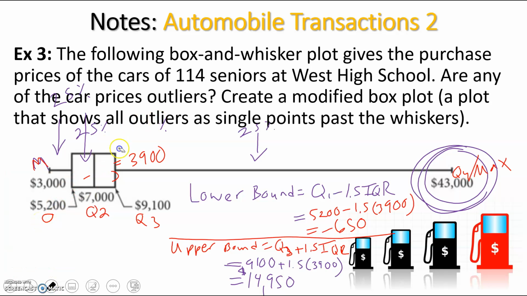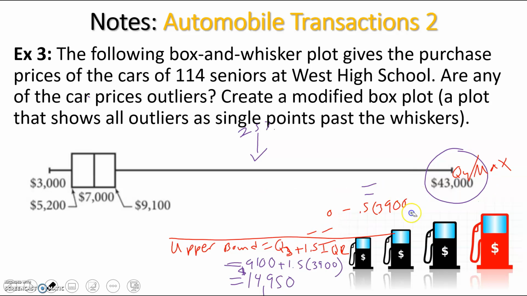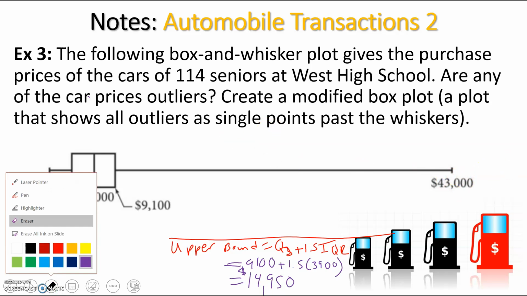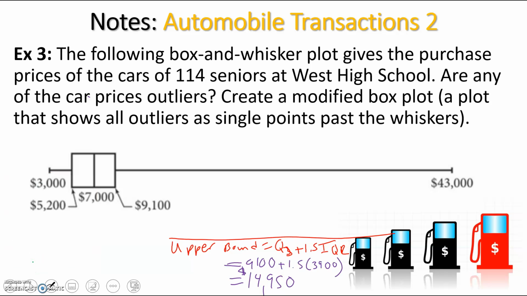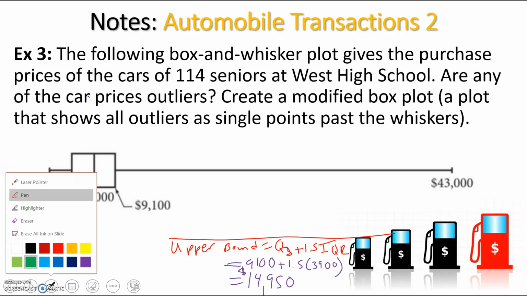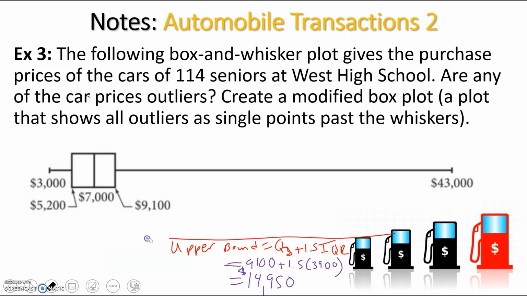Okay, so let's get rid of some of what we have here. And I'm going to leave my upper bound because that's where we have our outlier. So what they want us to do is create what's called a modified box plot. Now, the way this works is everything will stay the same except our outliers, and our maximum will change because we have an outlier in the upper part.